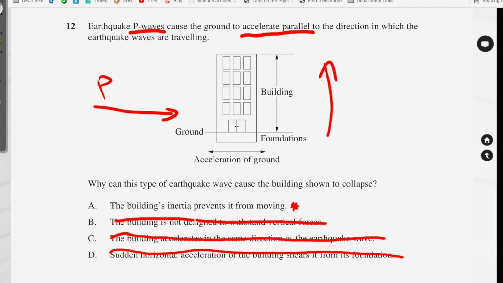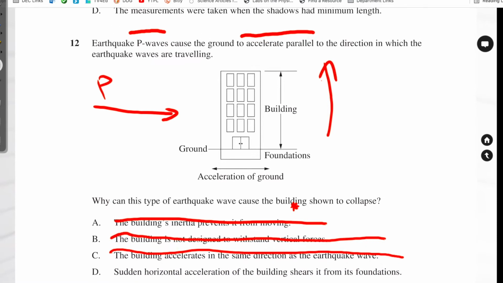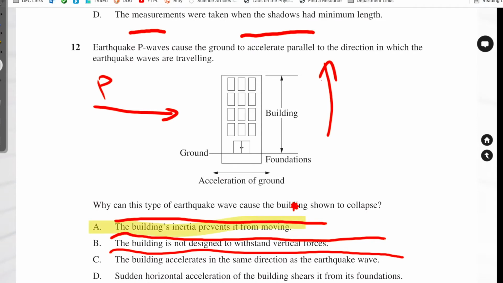Now, even if you weren't sure about all those other ones, you could probably think about the fact that when you're talking about this concept, you are talking about Newton's laws. And in this case, A is the only one that's actually discussed anything about Newton's laws, which is why essentially that is the answer.